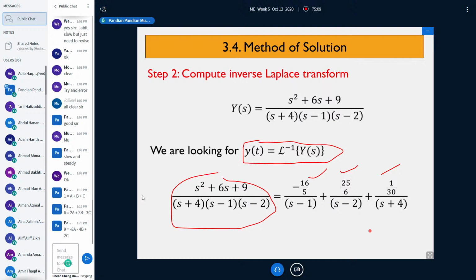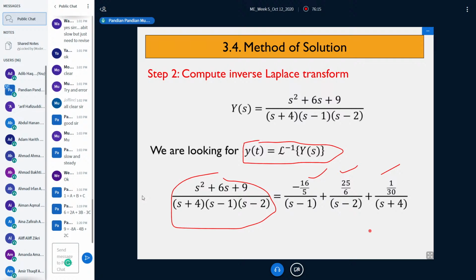So 30 divided by 5, 6, 768 minus 500 plus 2, 268, 270 divided by 30. So you will get 9.